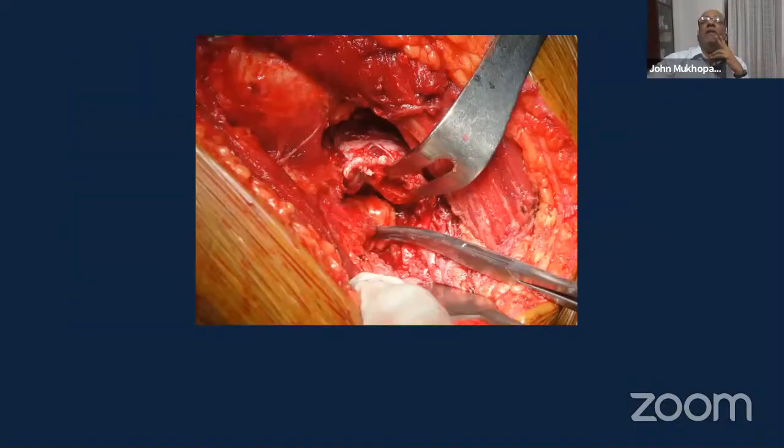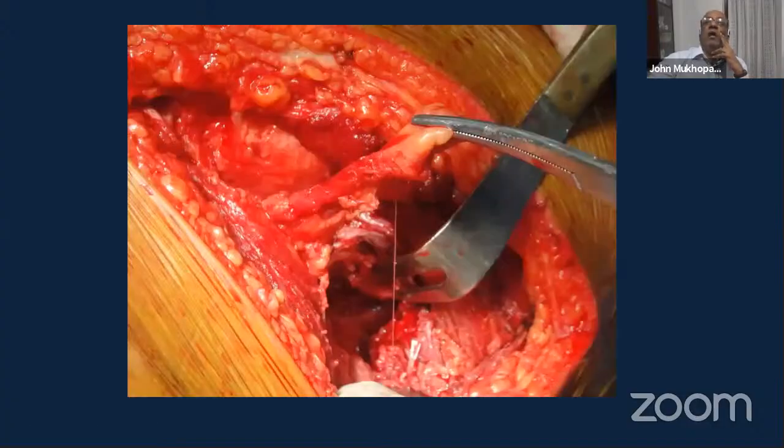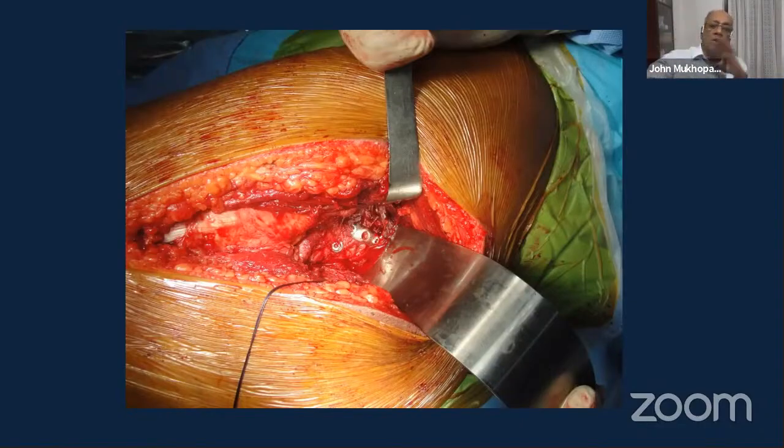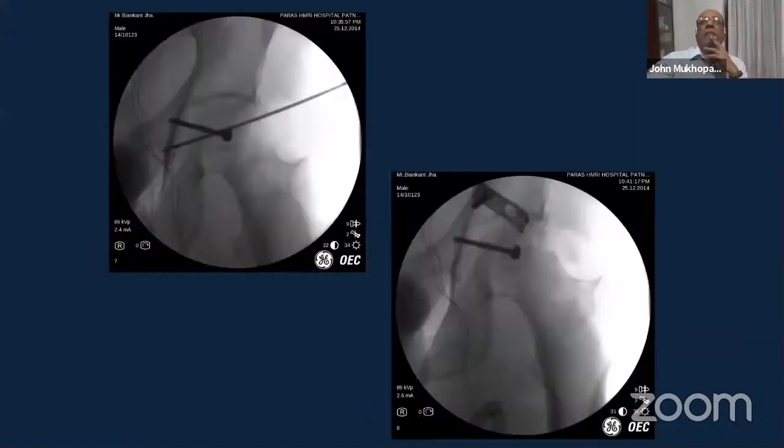Interestingly, when we did operate on this patient, there was a fat pad which was really stuck between the posterior wall fragment and the acetabulum. So we had to get this chunk of fat out from underneath the posterior wall fragment to be able to reduce. It was also comminuted, so we used a combination of a lag screw for the wall in the bigger fragment and this spring plate, as we call it, where we bend a one-third tubular plate after cutting it through one of the holes so that it buttresses the acetabulum.